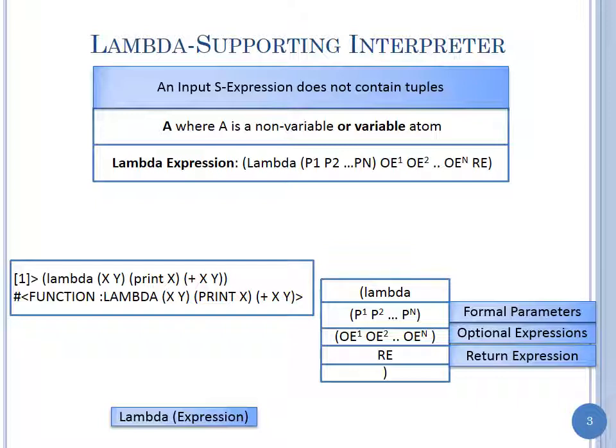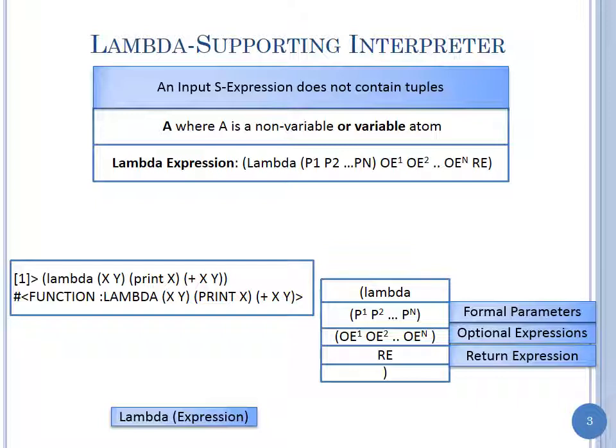And in the example I've got, we see that x and y are the formal parameters, print x is an optional expression, and plus x y is the return expression. Okay, so that's a lambda. It's a basic function definition without a name. Okay, we saw that before, and we're seeing this a little bit more formally now. Okay, questions so far?